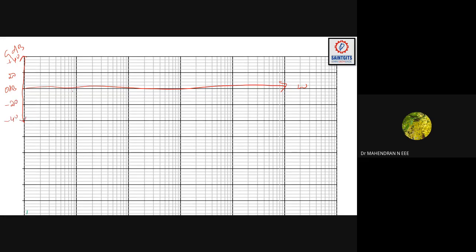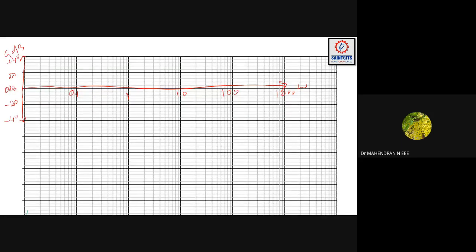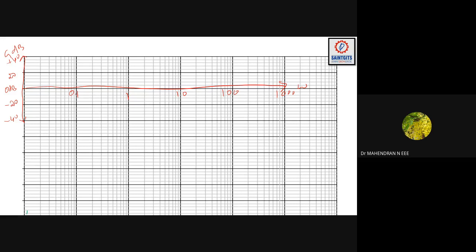The frequency axis is 0.1, 1, 10, 100, 1000. The magnitude plot of the simple gain is a horizontal line at 20 dB.